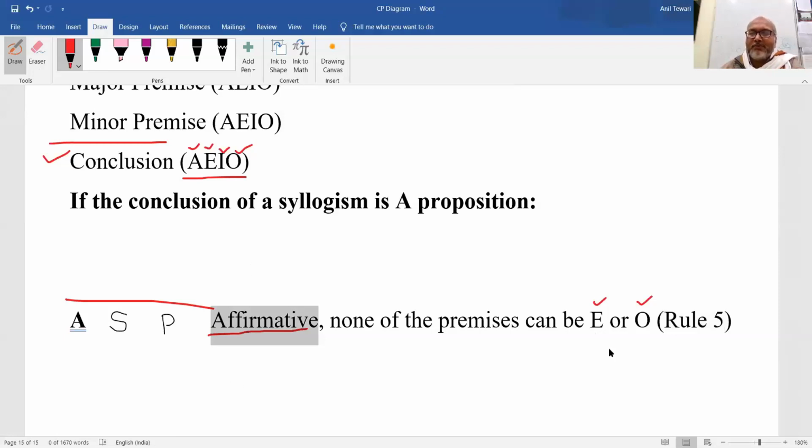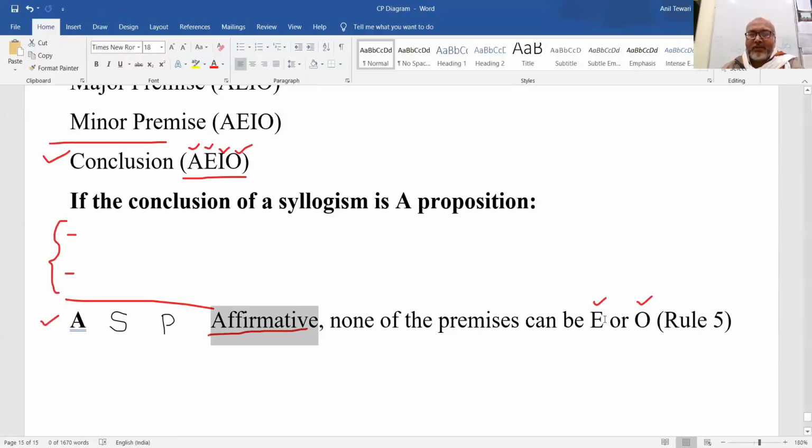So this you decide. So you have ruled out that in this situation where conclusion is A, your major and minor premise cannot be E or O. There cannot be any combination of E or O possible in major and minor premise.